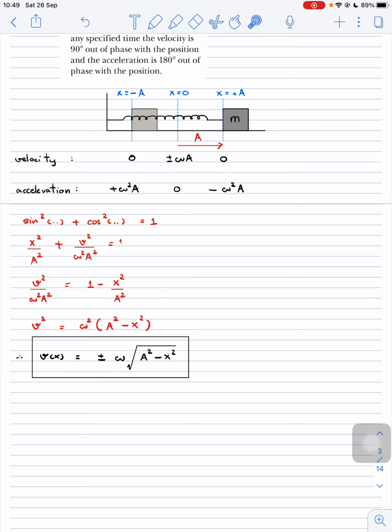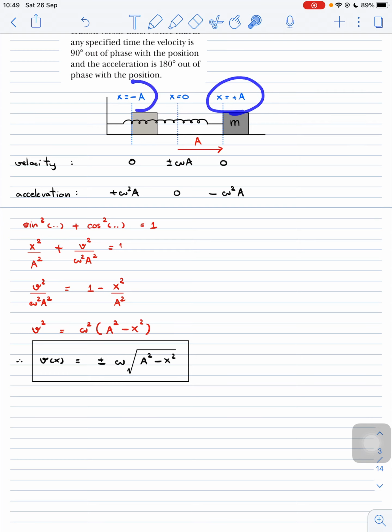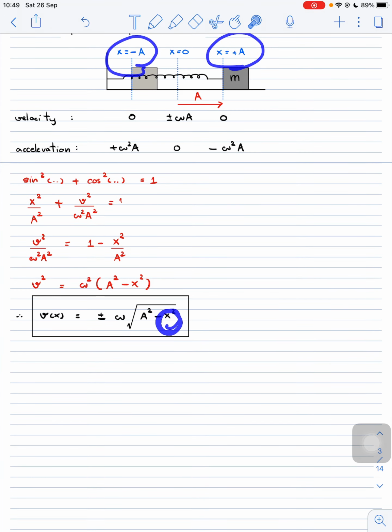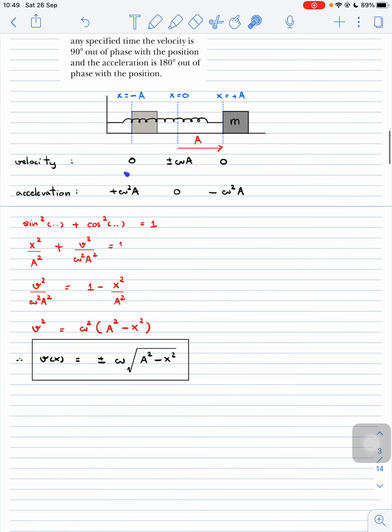And now when x equals plus or minus A, the A squared here cancels out with this A squared, which is equal to 0. So the velocity is 0 in this case. The object is not moving at the maximum compression and at the maximum extension of the spring.